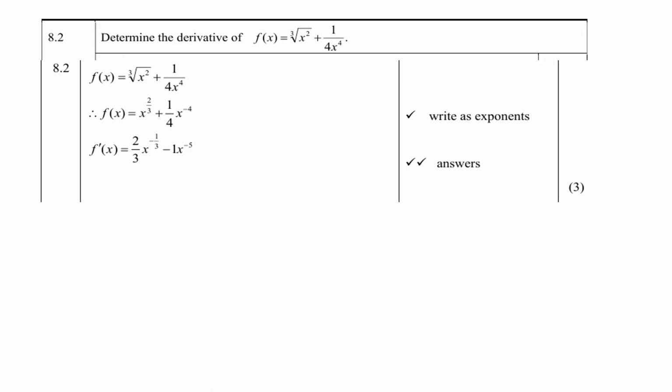Question 8.2, determine the derivative of f of x equals the cube root of x squared plus 1 over 4x to the power of 4. Now you don't have to use first principles anymore. You can use the rules of differentiation. There are things you must remember here.